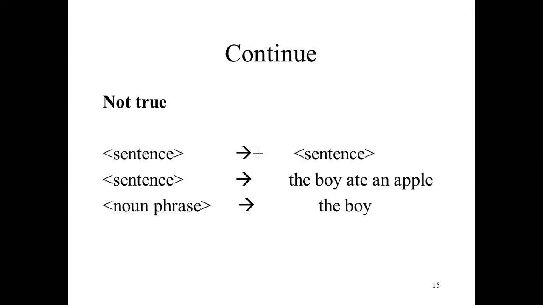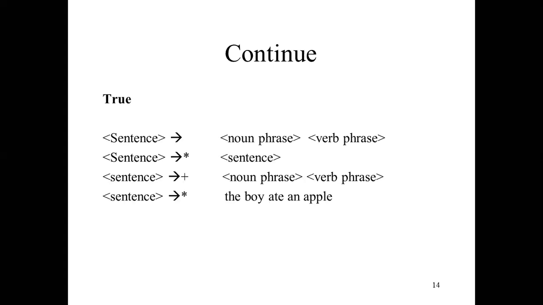So one step is article noun. So here I am writing directly the boy. It means this is not true, false. So such type of things we can be asked in the examination, which one is true or false like this, or you can write the number of steps for that.